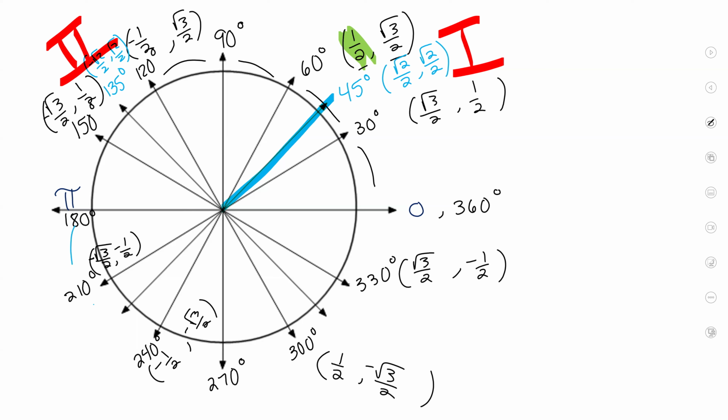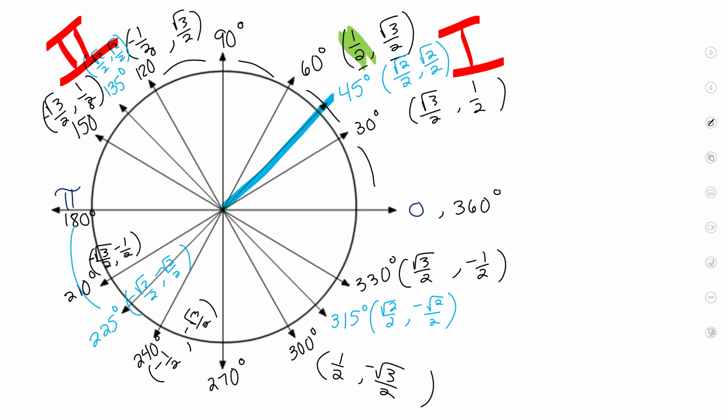This was another increment of 45 degrees, which made this 225 degrees, and the coordinates are the same, just different signs. So these are both going to be negatives. And then another 45 degrees puts you at 315, and these are your coordinates.